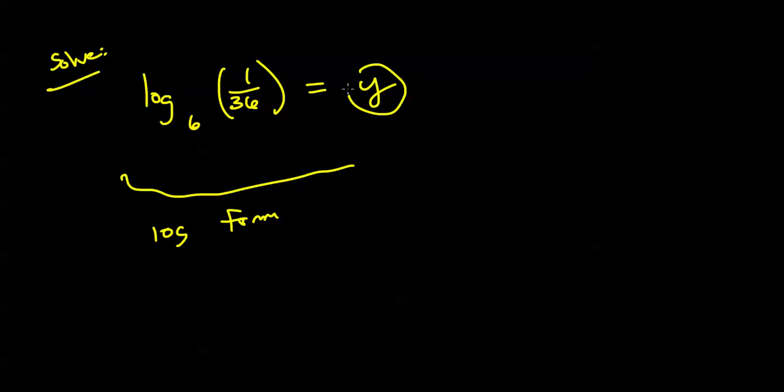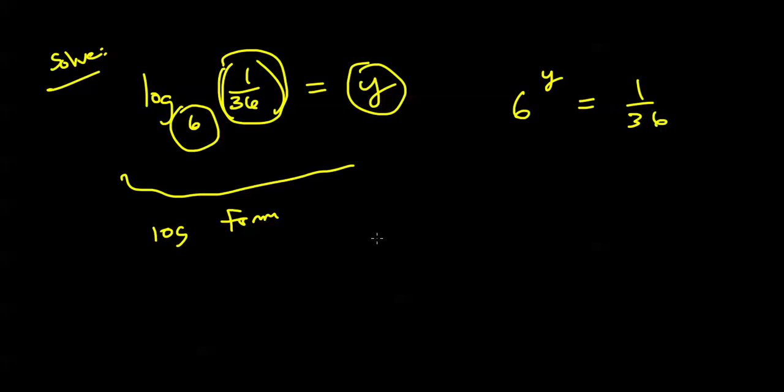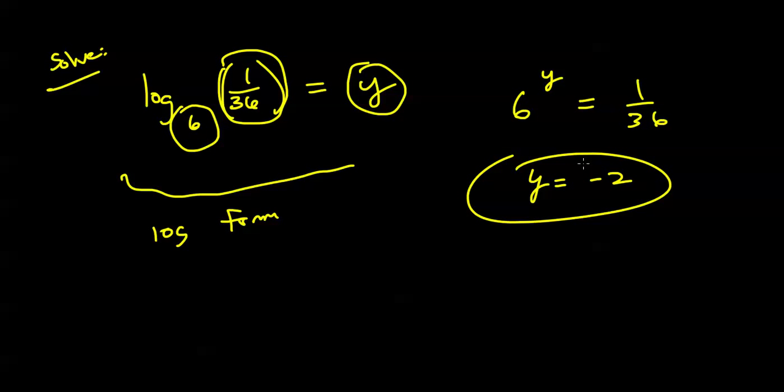This tells me y is the exponent we put on 6 to get 1/36. Now, of course, we all remember negative exponents, right? 6 to what power equals 1/36? Well, 6 squared is 36, so 6 to the minus 2 power is 1/36. So y here is going to be -2. Okay?